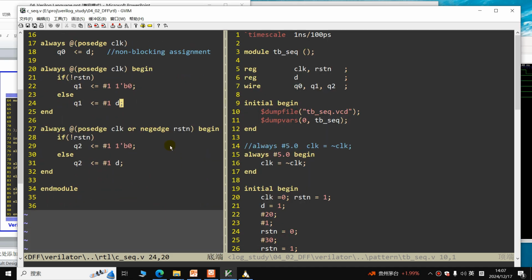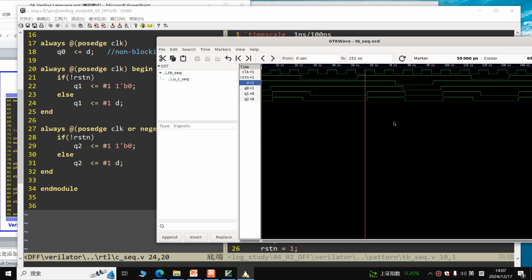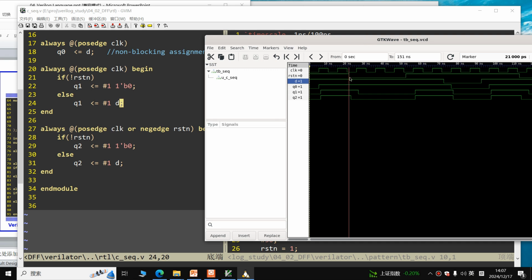Let's check the function of the last register. That is a register with an asynchronous reset. You can see here, at the rising edge, the reset is inactive, so the Q output is the value of the input. At this point, the reset is active, there is a negation of reset, so this block will be triggered.